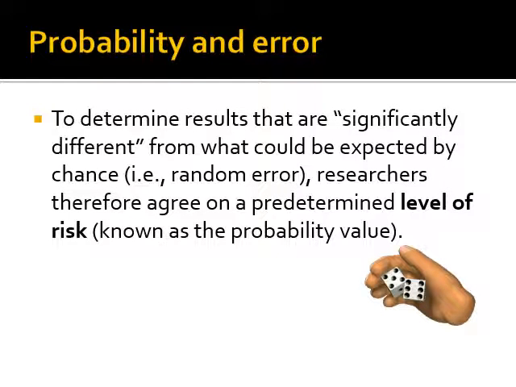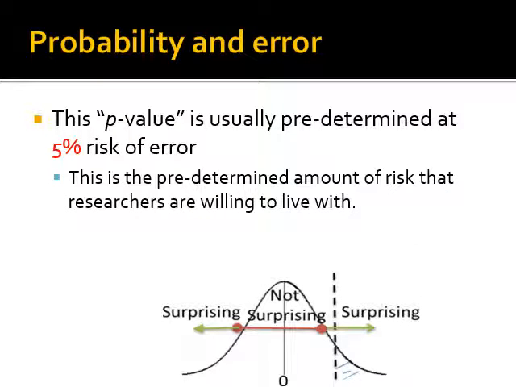To determine results that are significantly different than what would be expected by chance or random error, researchers therefore agree on a predetermined level of risk known as a probability value. This p-value or probability value is usually predetermined at 5% risk of error.